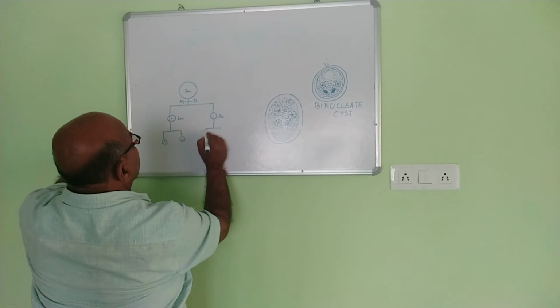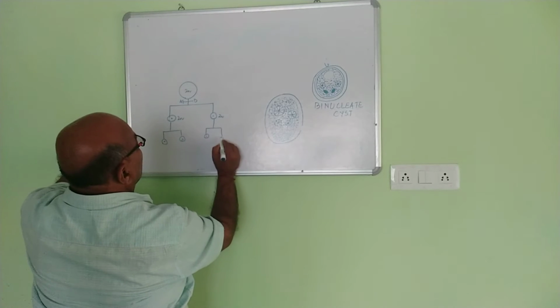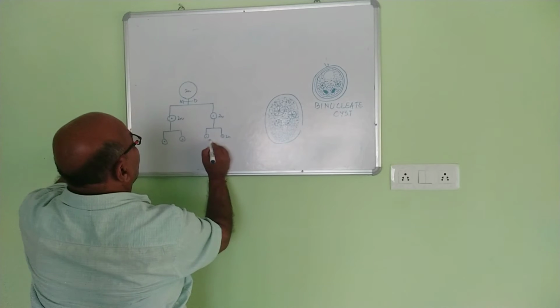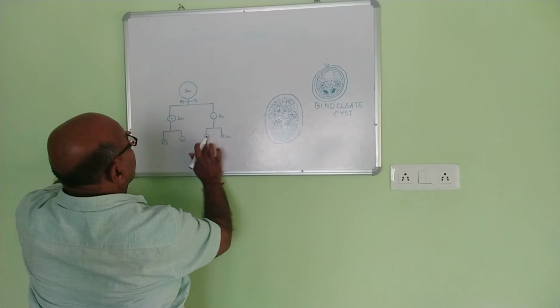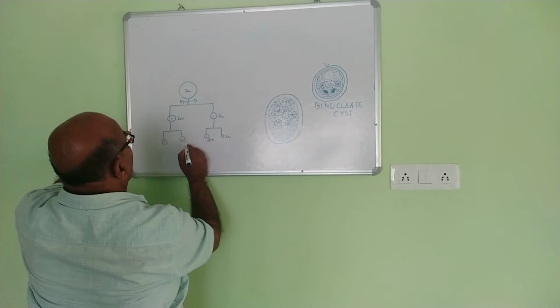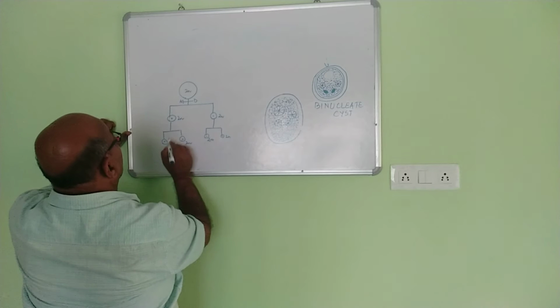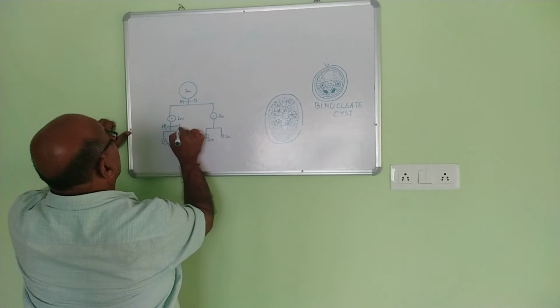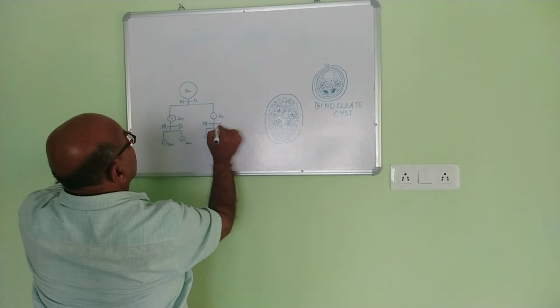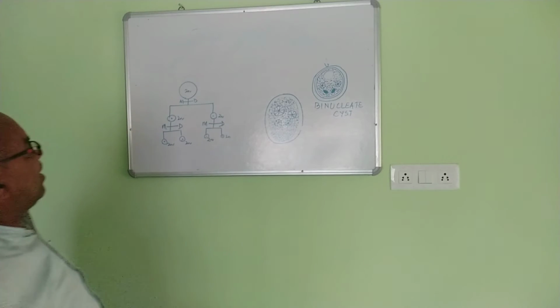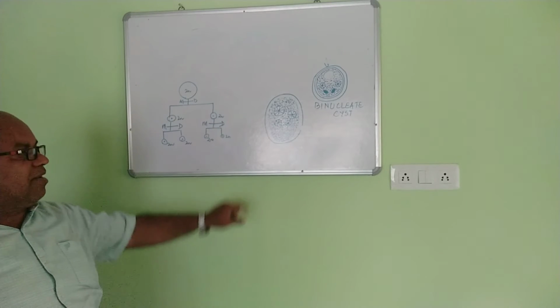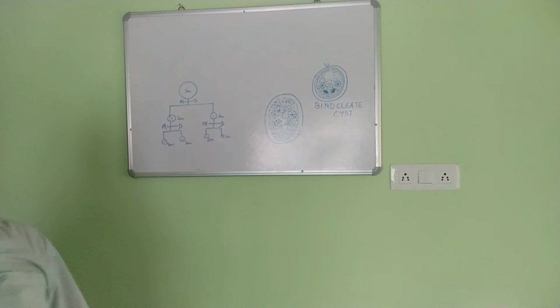All divisions are mitotic divisions. Simply these are the mitotic divisions, and four daughter nuclei ultimately form. At that time, it is called a quadrinucleate cyst.